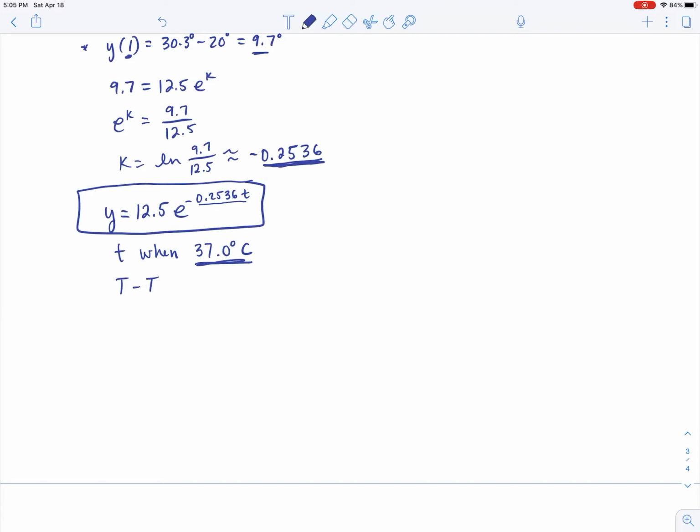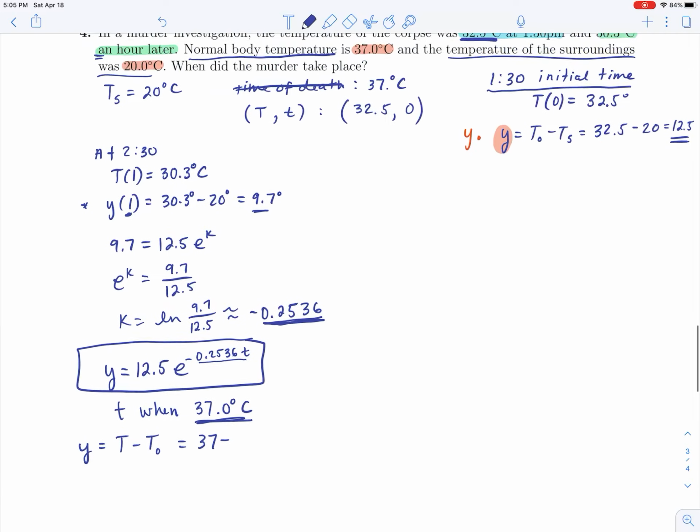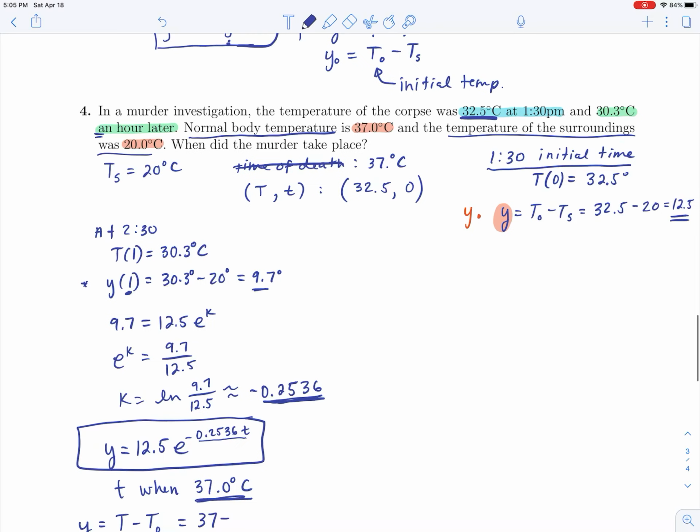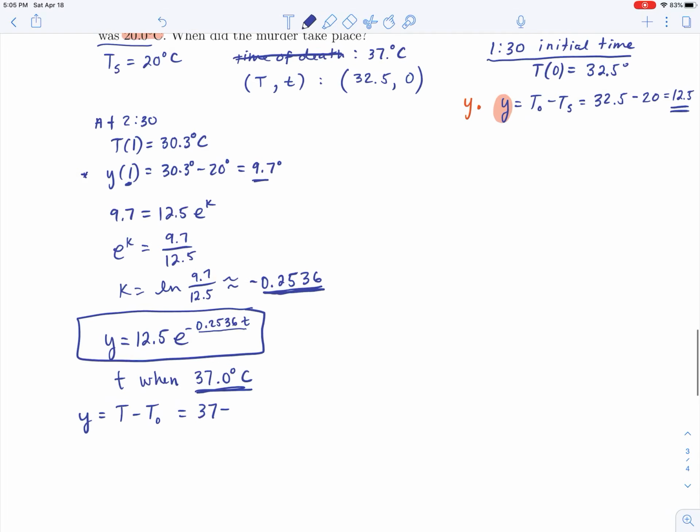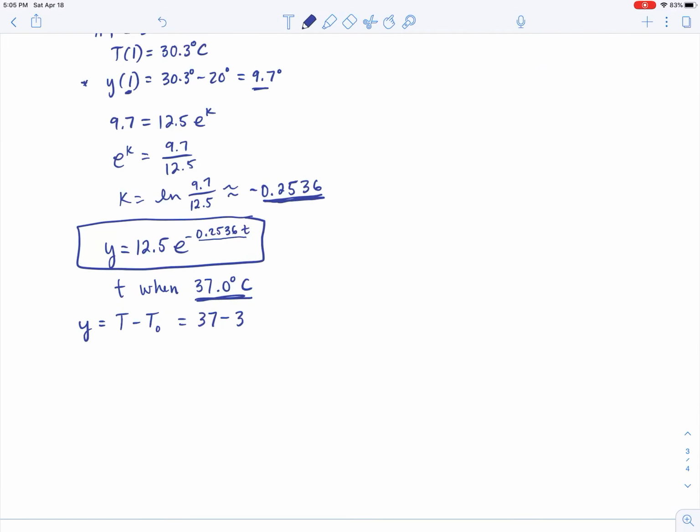So capital T minus T naught is 37. This is what y is. 37 minus T naught, which was 32.5. Let's see, 37 minus 32 is 5, so 4.5 degrees.